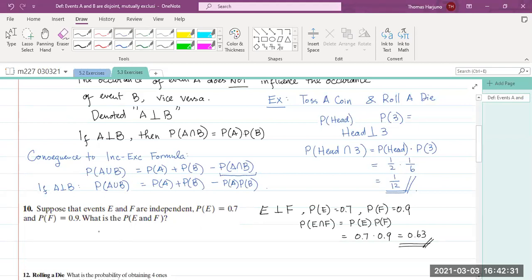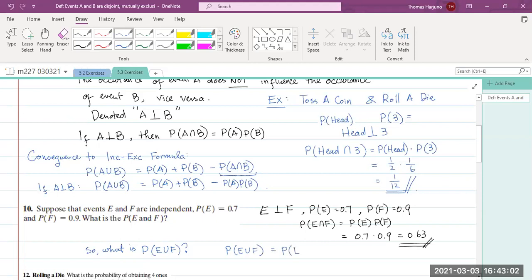Now, for fun, what is the probability of the union? What is the probability you get either event E or event F? Then we use that inclusion-exclusion formula.